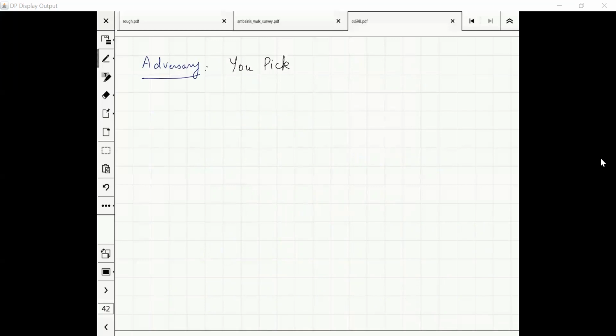The adversary is saying to the algorithm, you pick any D queries. I can answer them in such a way that the value of the function is not fixed.